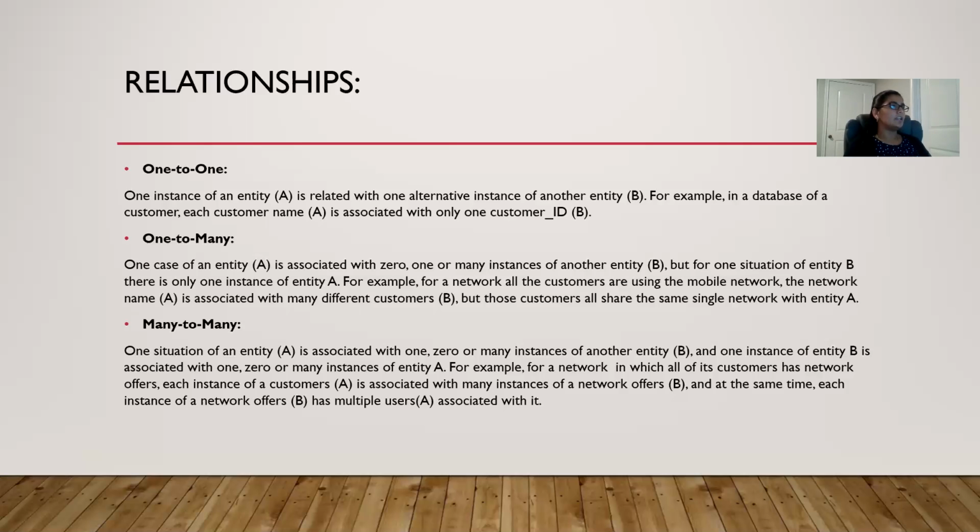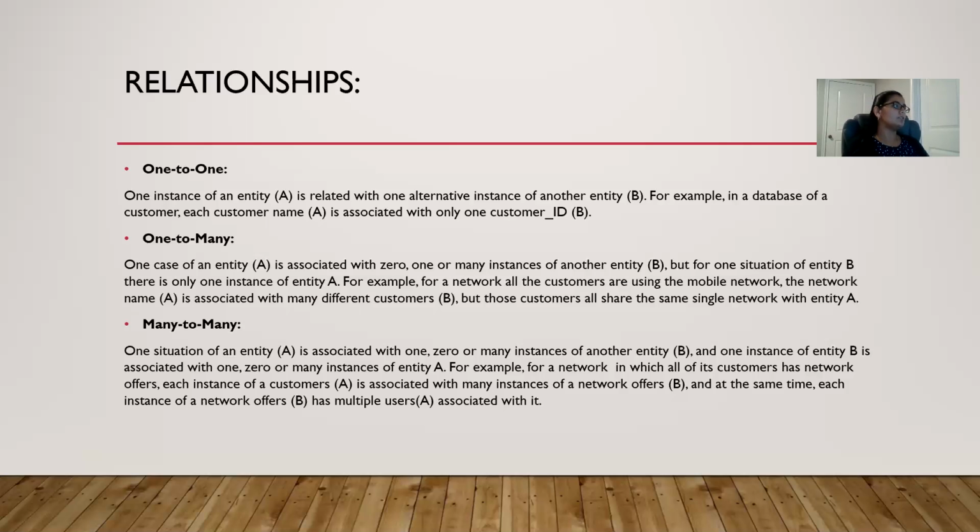For example, consider a network of all the customers using a mobile network. Say, for example, we have the mobile network AT&T. The network AT&T is associated with many different customers, but the opposite is not true, that is, those customers all share the same single network, AT&T. So this relationship is said to be one-to-many relationship.